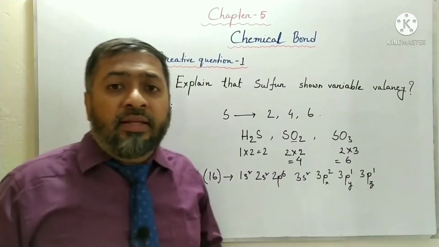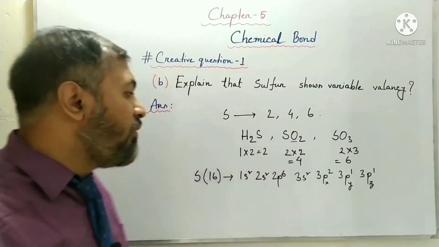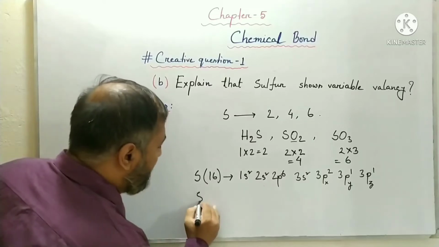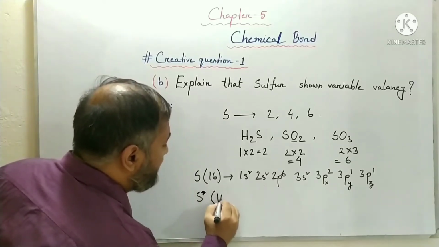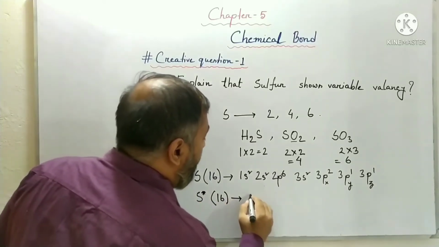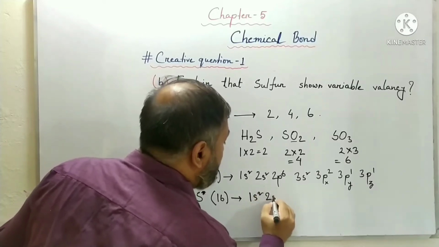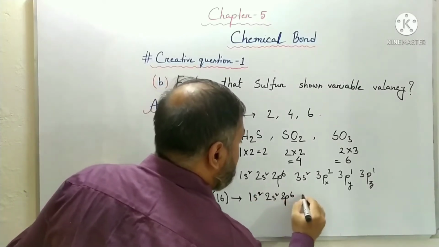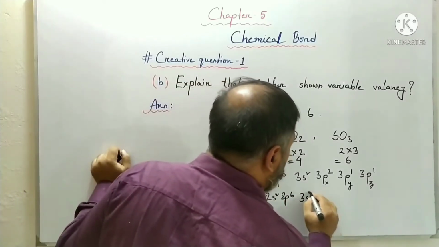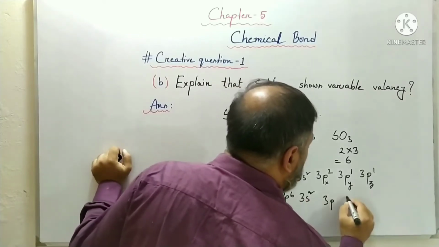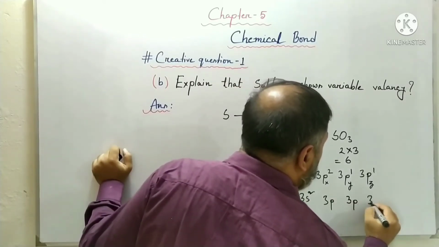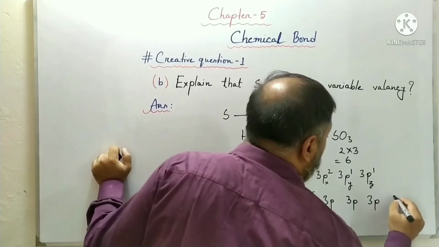However, when sulfur gets excited, what will happen? You can see that 1s2, 2s2 and 2p6, 3s2, we know that in the third energy shell, d orbital is present.